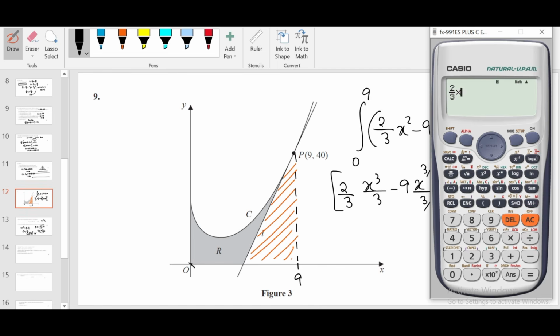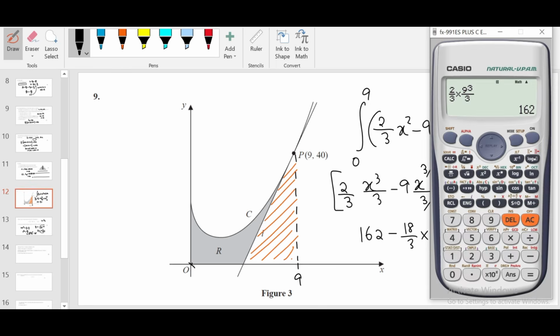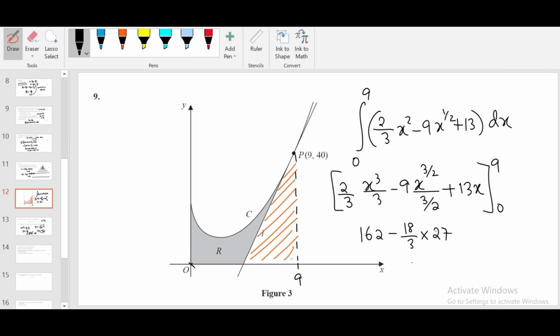times 9 cubed over 3 is 162, minus 18 over 3 times 9 to the power 3 over 2. 9 to the power 3 over 2 is 27, plus 13 times 9.